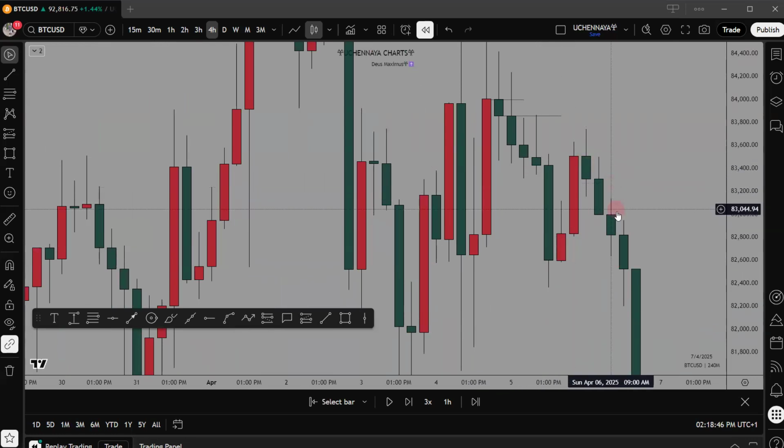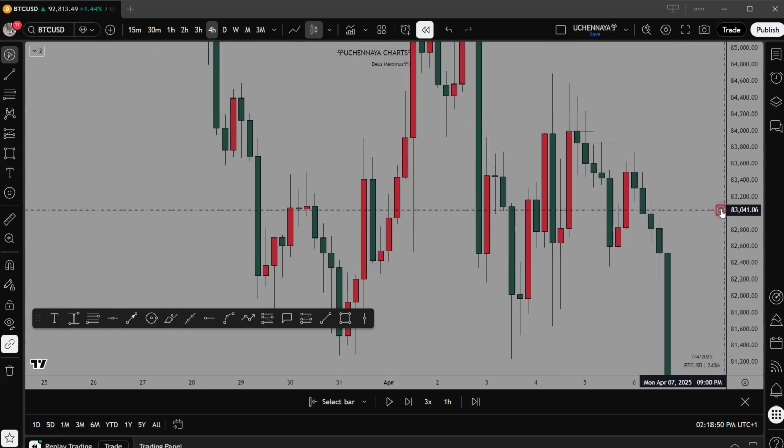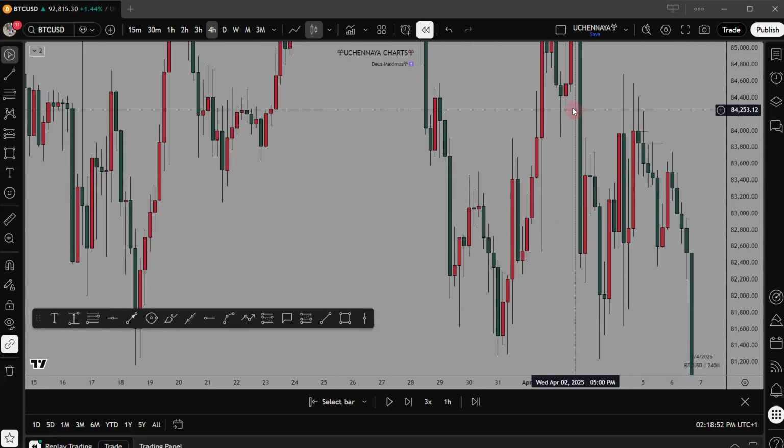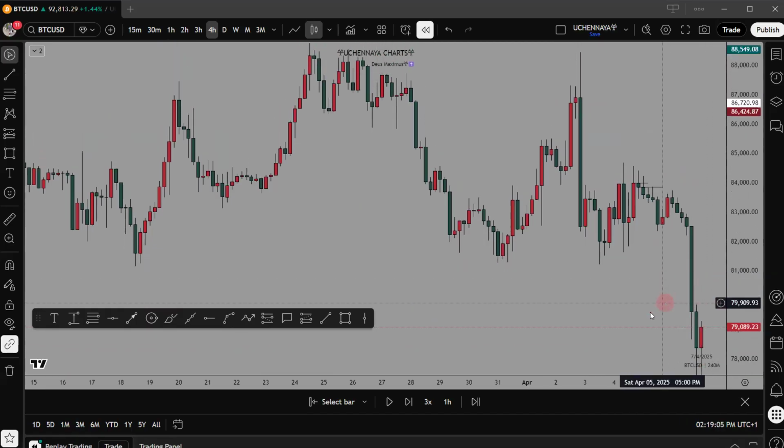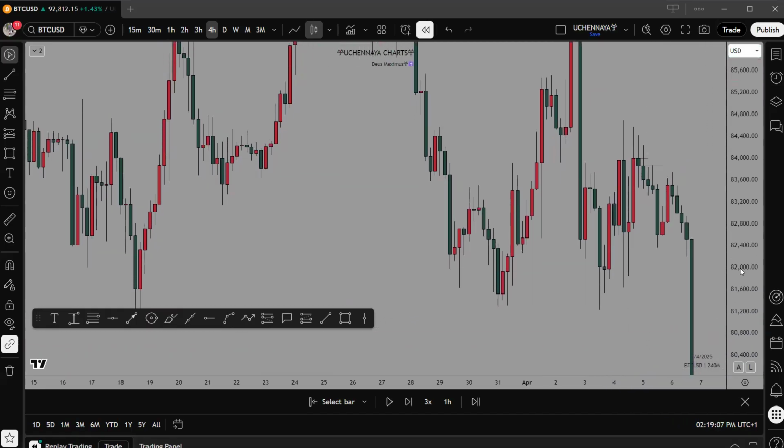You see price is dumping consistently, and you start scampering for entry. You had this, you had this, you even had this. You had this from here too. And that is actually how you look at it.